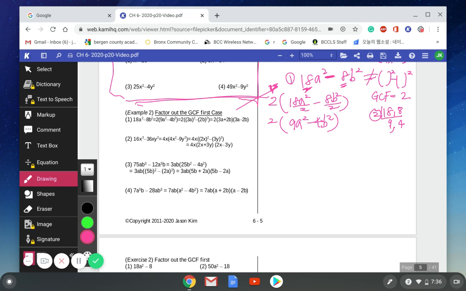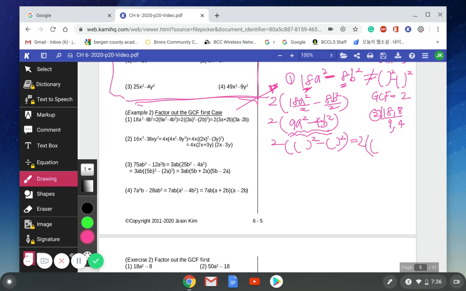So is this it? No. Now, not before, but now it looks like you can translate it into a difference of perfect squares, individually. So now you can write it into this format.